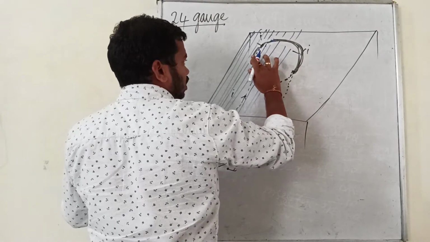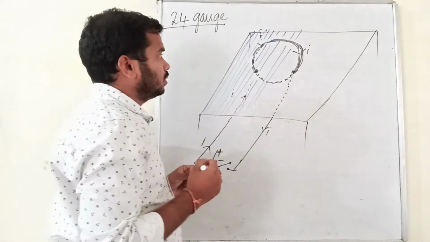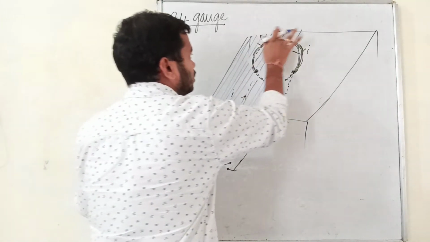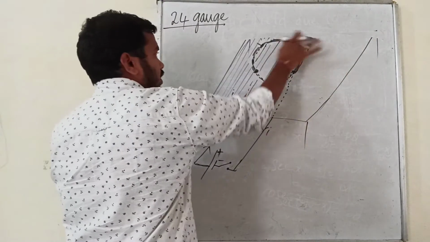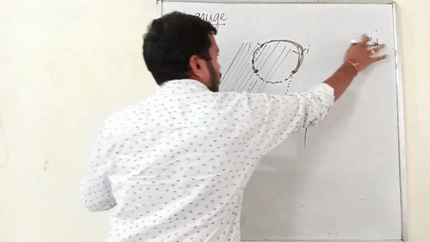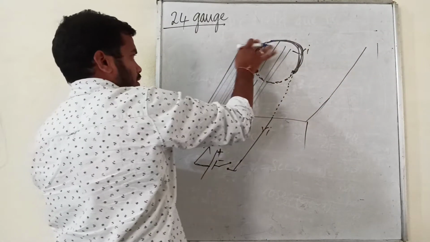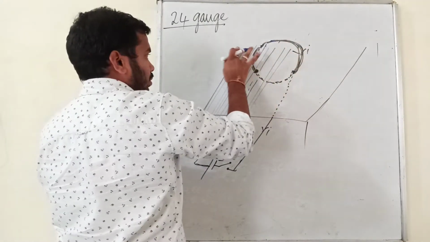Let the diagram be like this, then only you can understand that it is raised above the diagram.